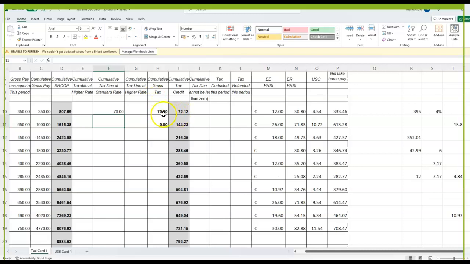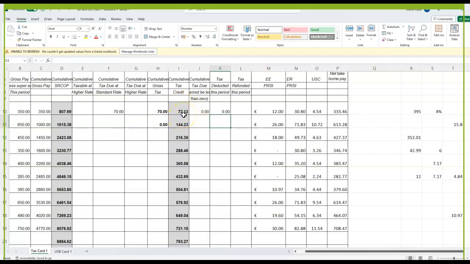And in this area here, you will notice that the tax credits are greater than the gross tax, which means that there's nothing to reduce. So if your tax is less than your credits, it simply means zero. There is no tax to refund. These are non-refundable credits.